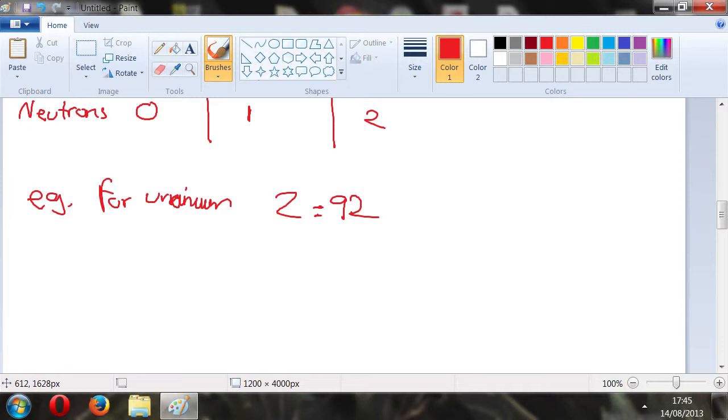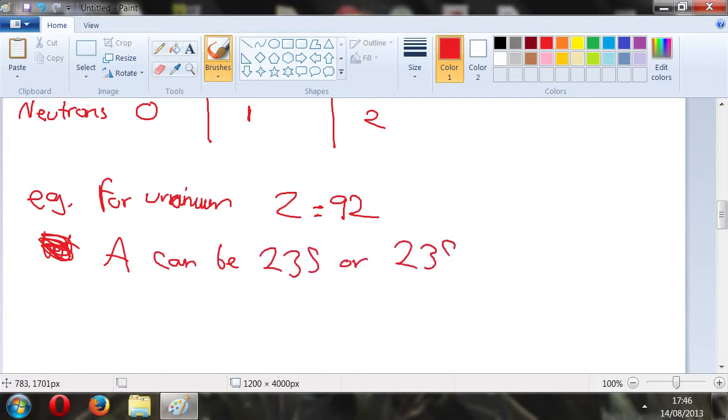Now A, the mass number, can be 235 or 238. Well, it can be other ones as well, but these are the most famous ones.